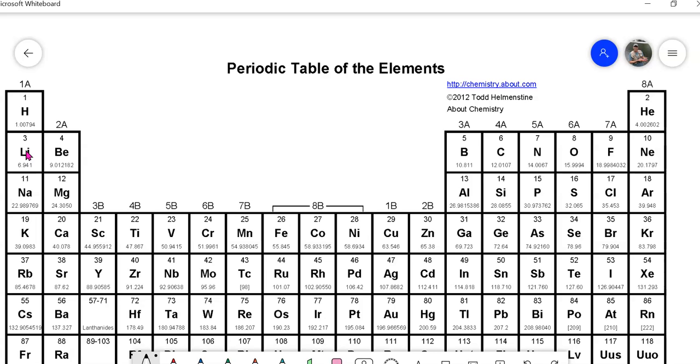Interestingly, the protons are positively charged in the nucleus, and there has to be something to balance out those positive charges that want to repel each other, and that would be the neutrons. And so neutrons are in the nucleus, and there's a force involved in the nucleus that, in a sense, glues the different protons together.